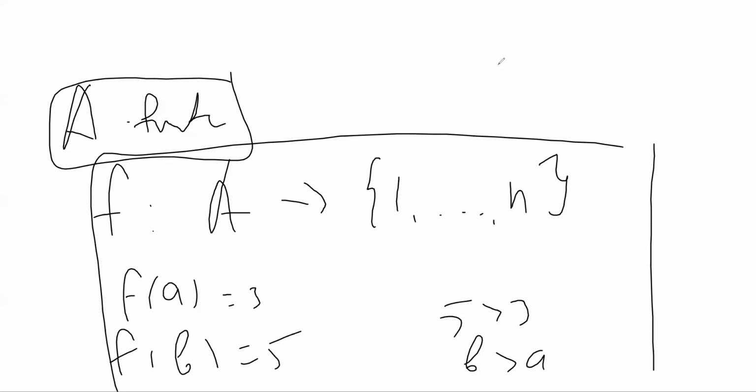Okay, and so basically any order relation on a finite set can be made in this way. I hope it makes sense. So a finite set is always pretty nice.